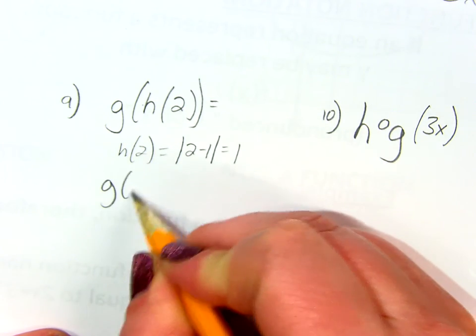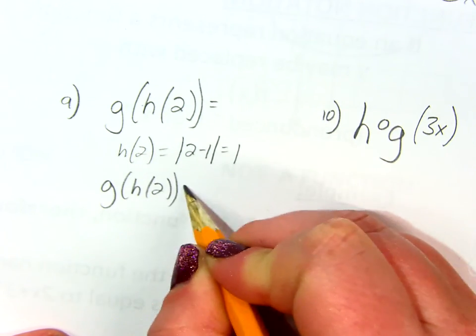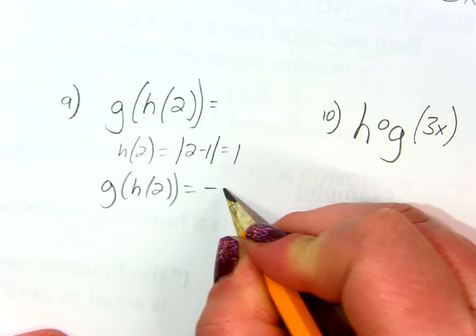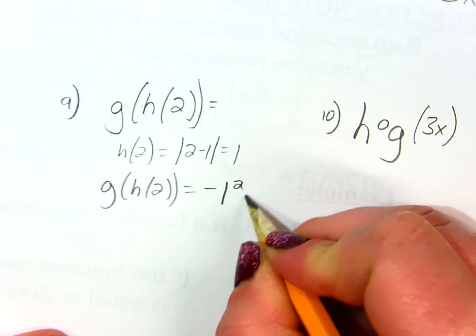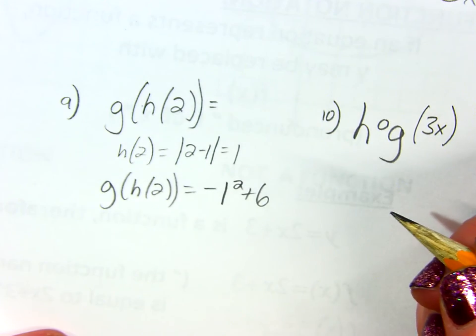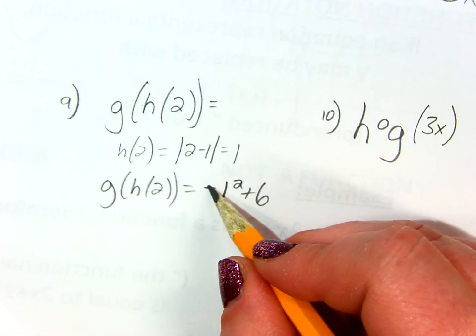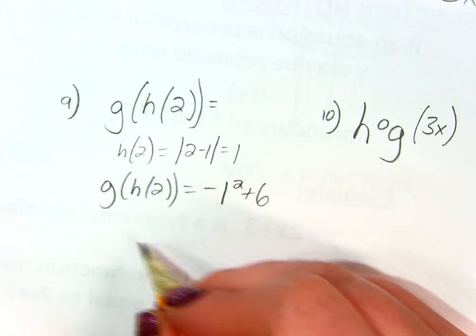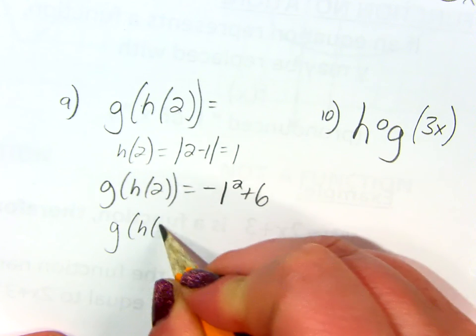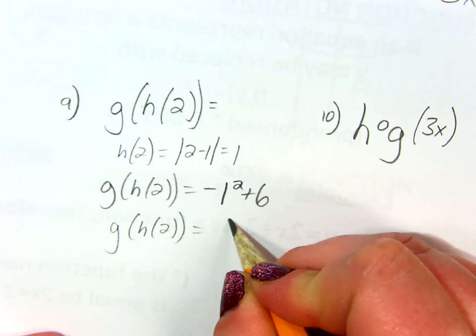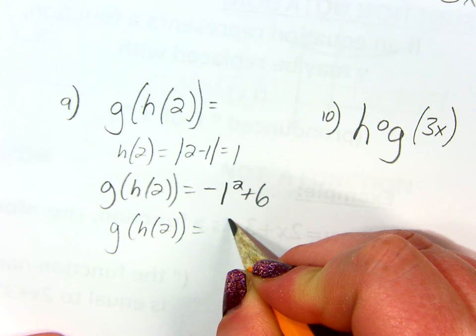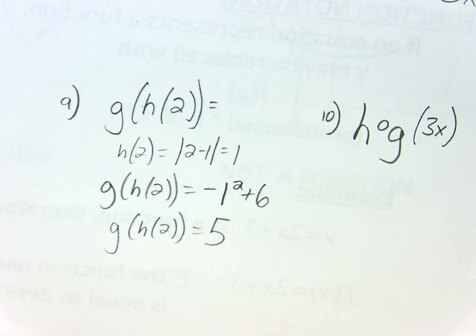So when I do g of h of 2, I'm actually doing negative 1 squared plus 6, like that. And that notation, remember, means 1 squared, take the opposite. So negative 1 plus 6. g of h of 2 is what? 5. Okay? Did you get it?